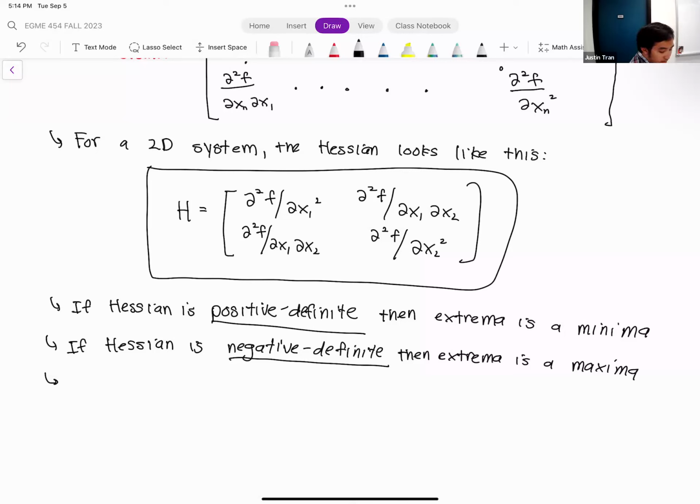We have positive definite, negative definite. If you're in between these two, we usually call it semi-definite. In that case, technically speaking, you need to do more work. But for the cases that we're going to look at in this class, if your Hessian is semi-definite, we're going to say that you have a saddle.